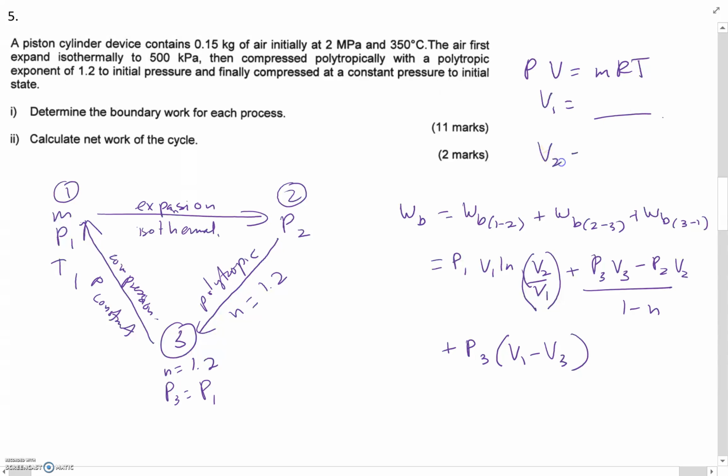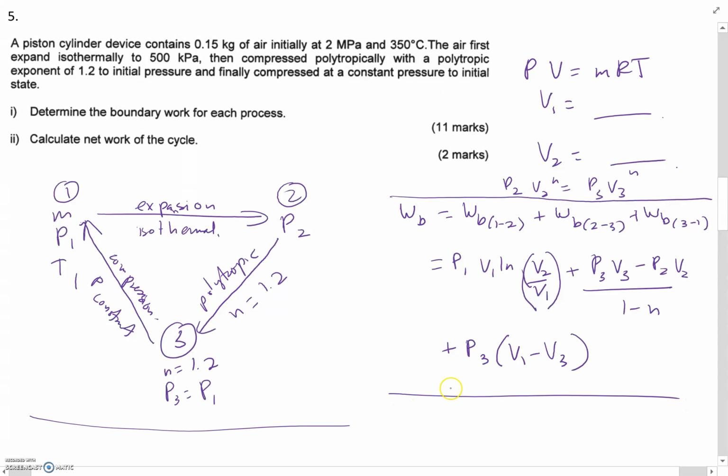Same goes for V2. But for the polytropic, you can use the equation P2 V2 to the power of n equals P3 V3 to the power of n. So that's the clue how to solve your problem. When you have all the values, you can insert them into the equation and you're done.